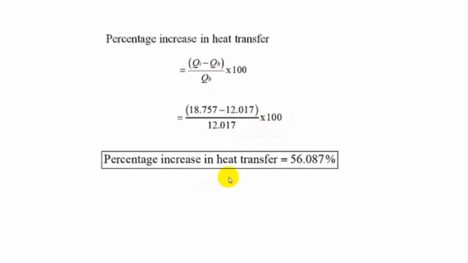You get the percentage increase in heat transfer as 56.087. So keeping the same cable surface temperature, the heat transfer has increased by 56.087 percent by providing the critical thickness of insulation for the cable.